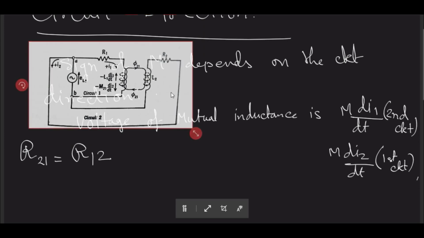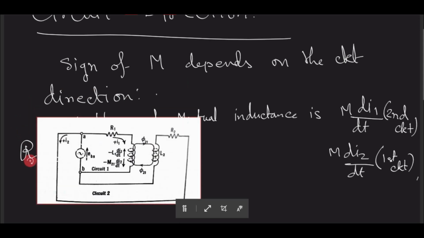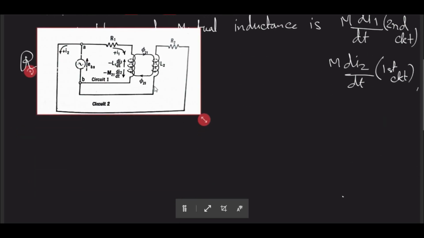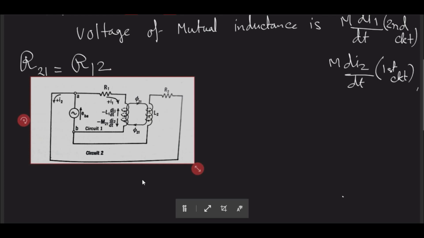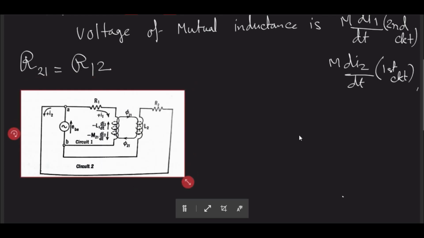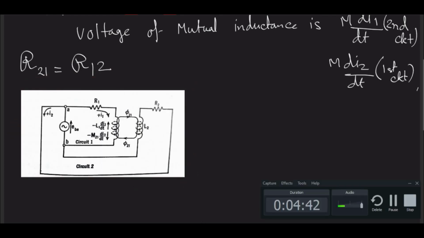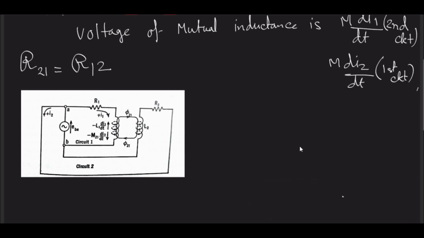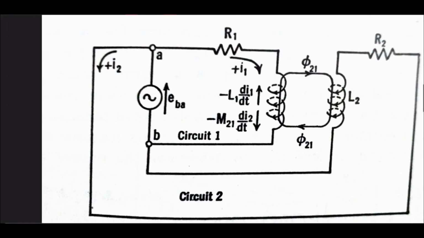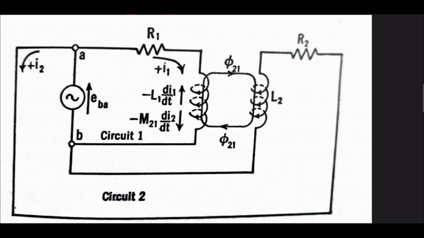So here what we can see is that in determining the sign of this one, M21 di2/dt. Yes, M21 di2/dt.